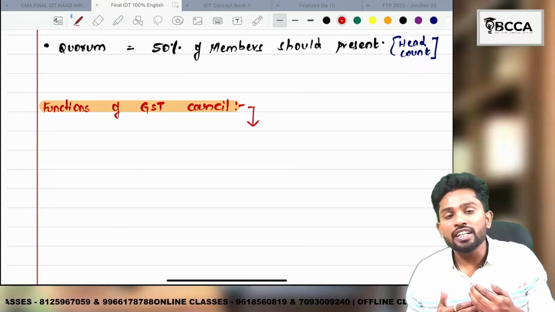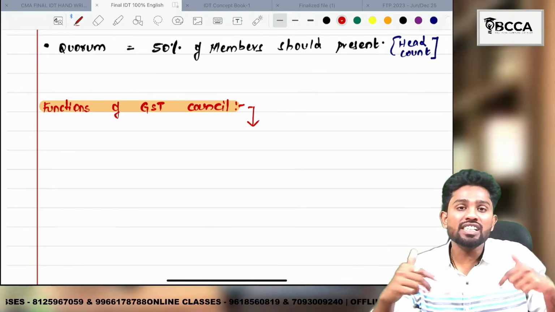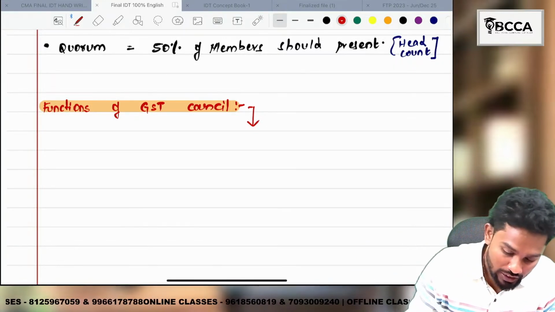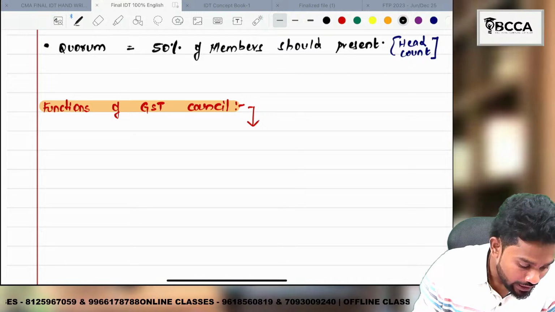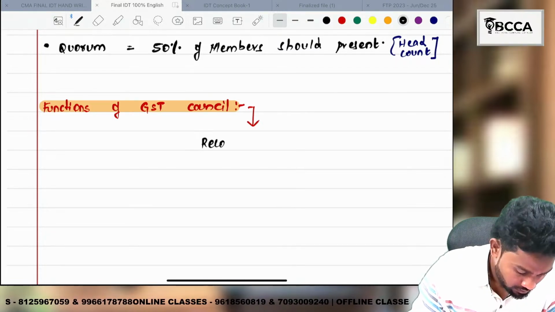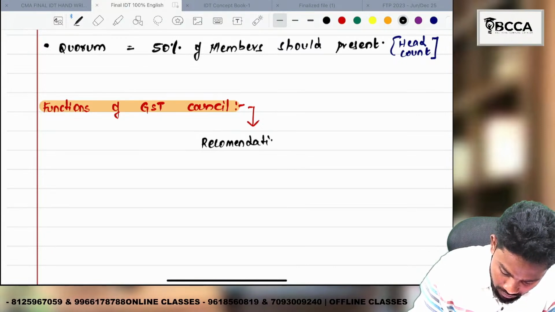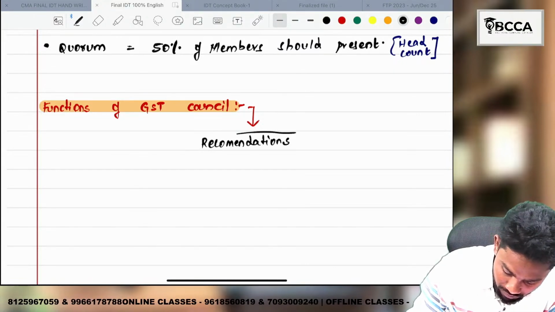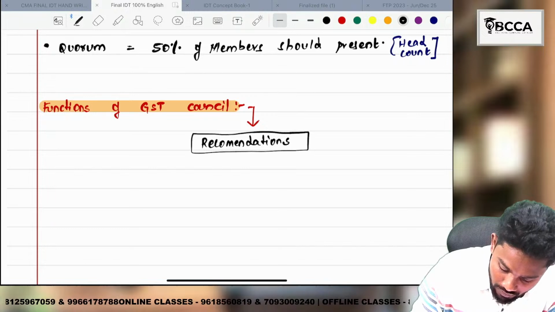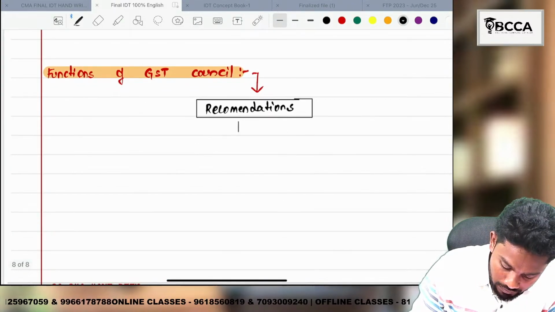It gives recommendations that would be made by the parliament or state legislature as a decision. So the functions of GST Council: it gives recommendations. Recommendations on what?